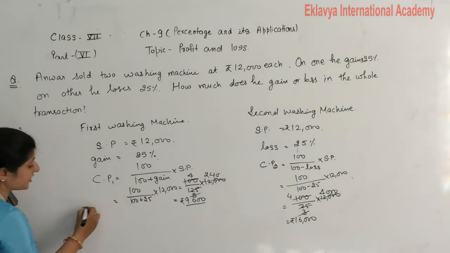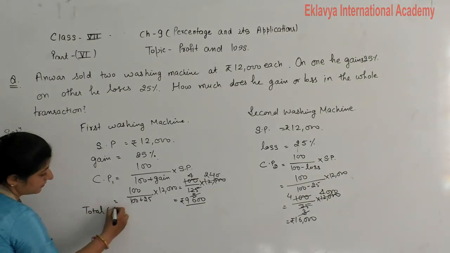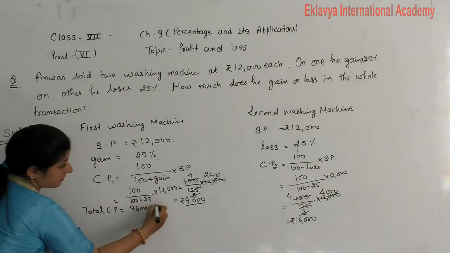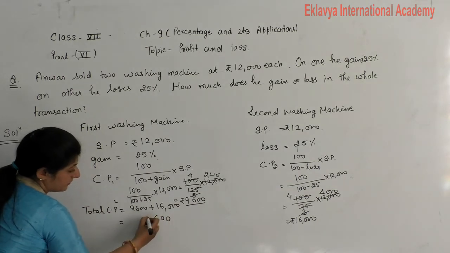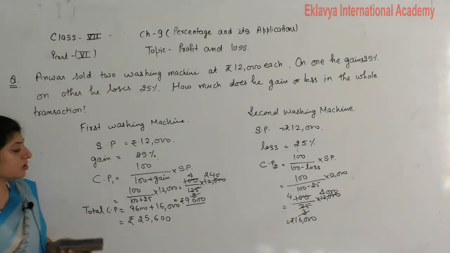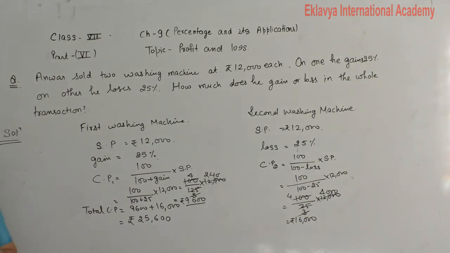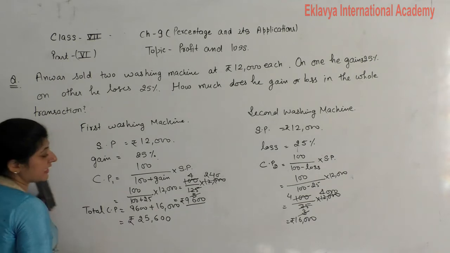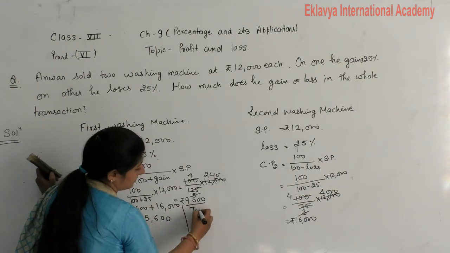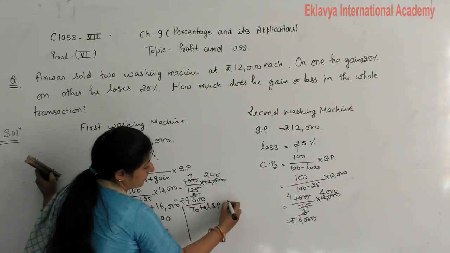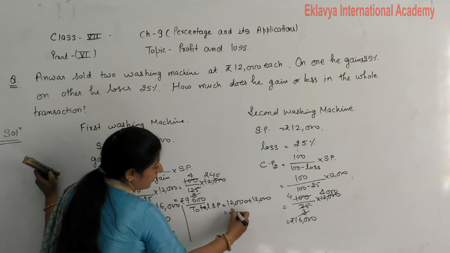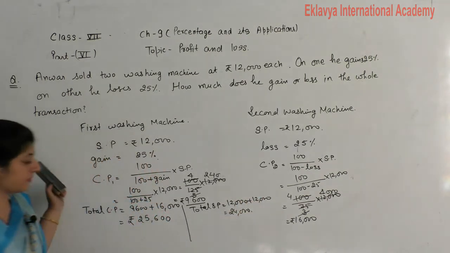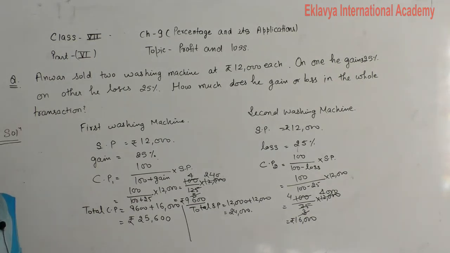For the whole transaction total cost price is 25,600, and total selling price is 24,000.